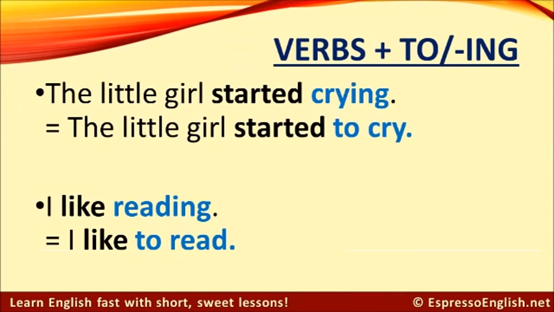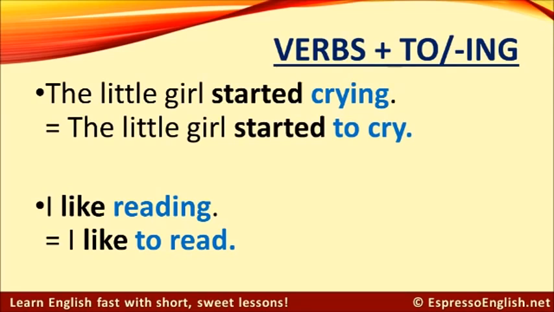There are a few verbs in English that can be followed by either the to form or the ing form. For example, start. You can say, the little girl started crying, or the little girl started to cry. These are the same. There's no difference in meaning, and both are correct. Another example is like. For example, you can say, I like reading, or I like to read.